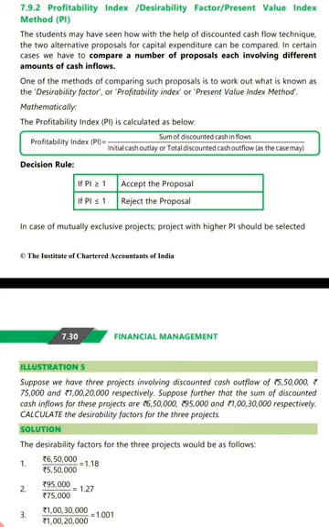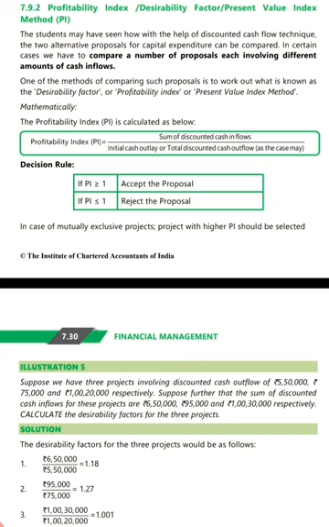You can compare using the profitability index. It is similar to the NPV method, but this is a different technique. One of the methods of comparing such proposals is to work out what is known as the desirability factor, that is, how much you are desired to invest in the particular project.